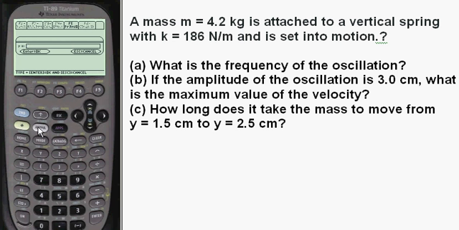So we go alpha 2.5 centimeters. And then I show you what you've entered: 0.03 meters, 186. Everything looks good. You could change it if it was wrong.